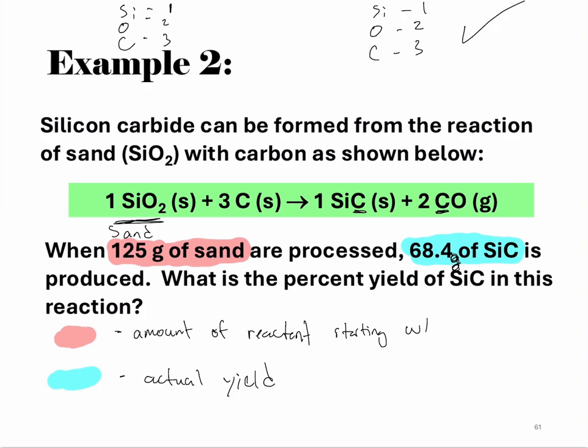It's not listed explicitly in this problem, but we should assume excess carbon here. The reason we assume excess carbon is that it doesn't give us an amount of carbon that we're starting with. It's assuming that all of the sand is being converted into silicon carbide, right?